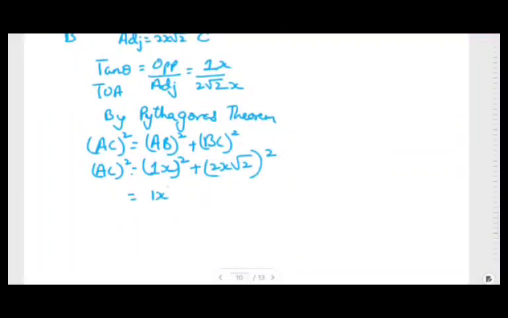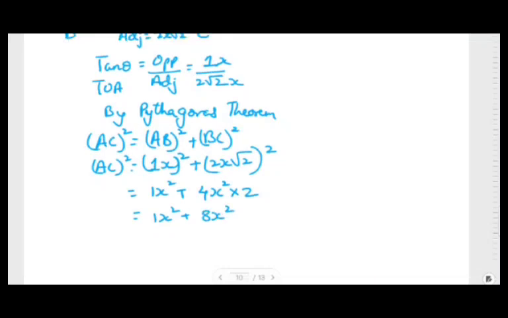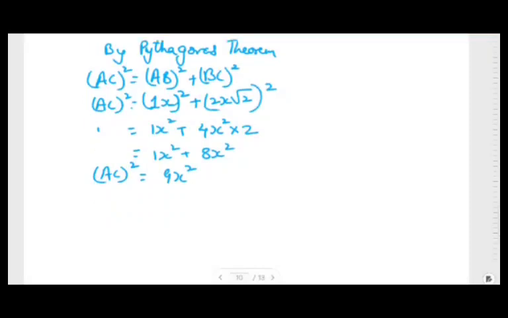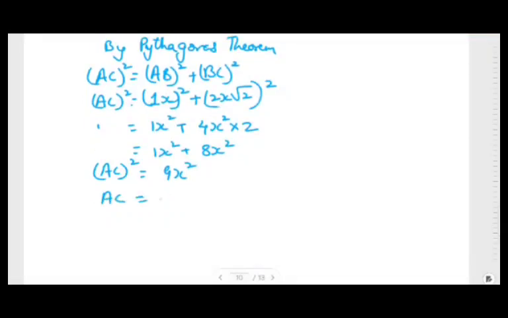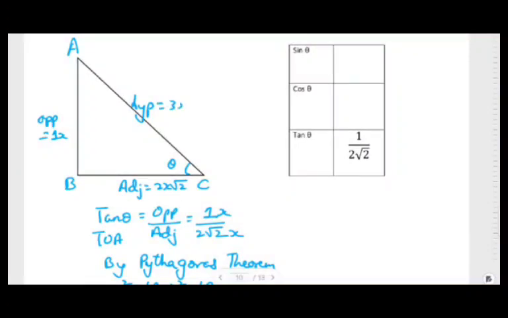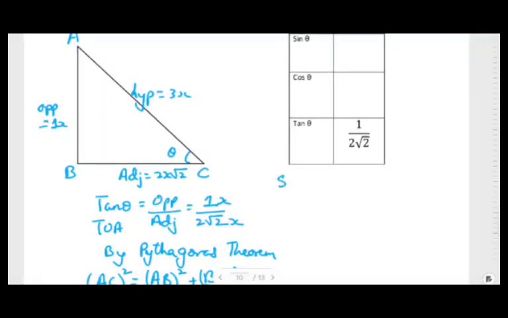So 1x square plus 4x square into 2, which will make it 1x square plus 8x square. Correct? AC square is equal to 9x square. So AC value is 3x.